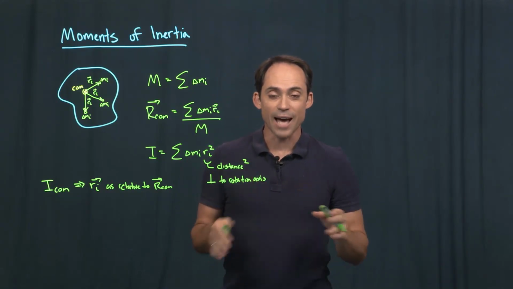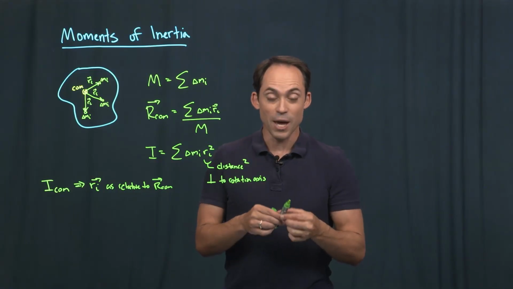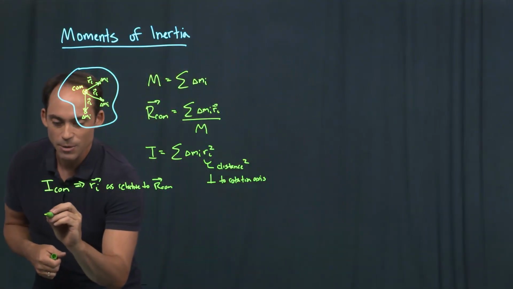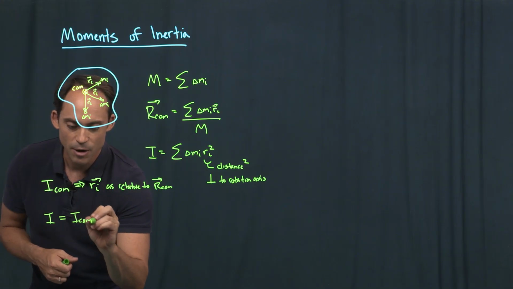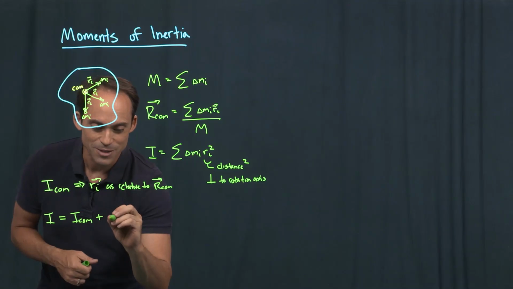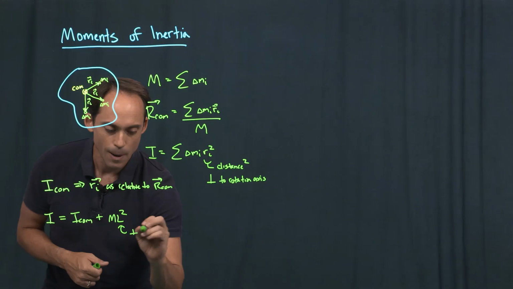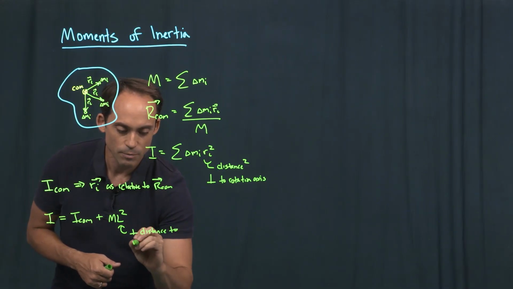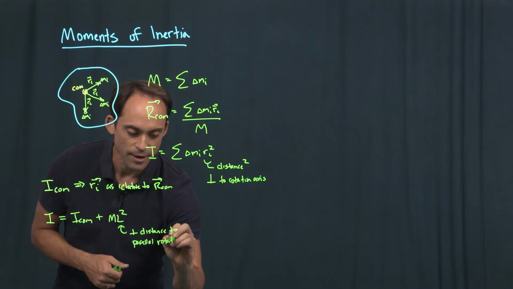Now, if we decide on an axis that's separated from the center of mass, if we don't want to rotate this pen about its center of mass but about one end, then that can be computed from our parallel axis theorem as the sum of our moment of inertia about the center of mass plus m l squared, where l is the perpendicular distance to a parallel rotation axis.